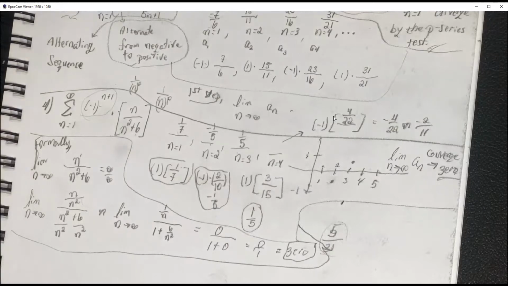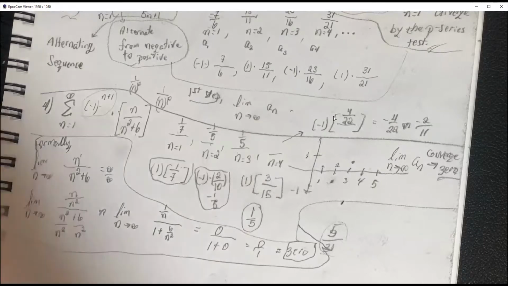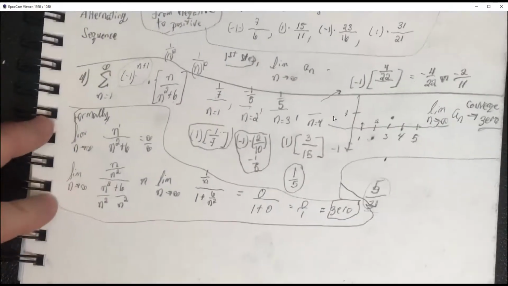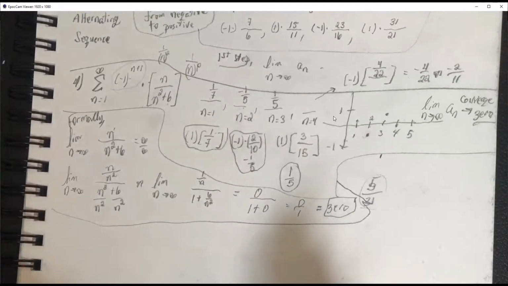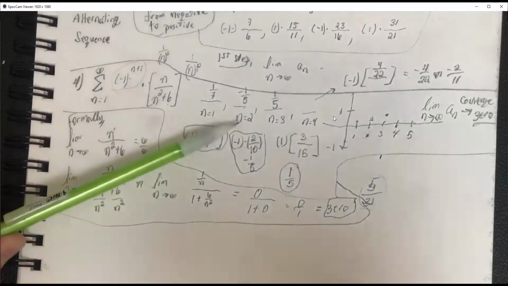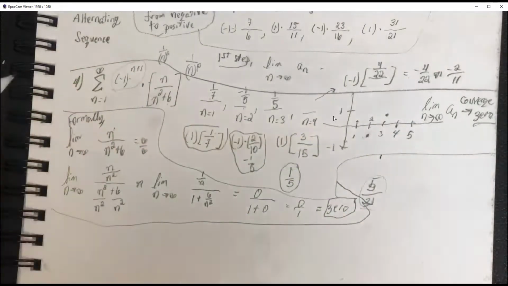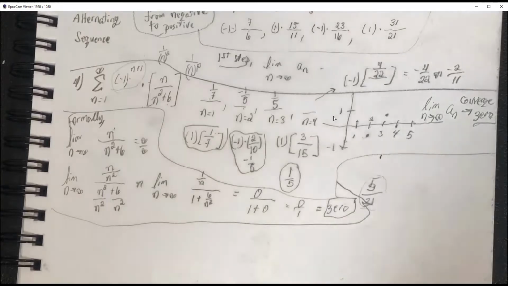And so what's the next test we have? That's the alternating series test. It's very simple, not quite as simple as the P series test, but still simple. It just took us a long time to get past the first step because there was a lot to talk about. Do the individual terms of the sequence converge to 0 or not? If they don't, we're done by the nth term test for divergence.